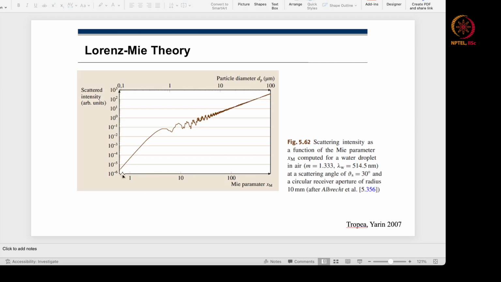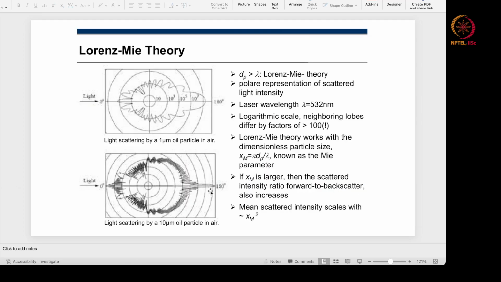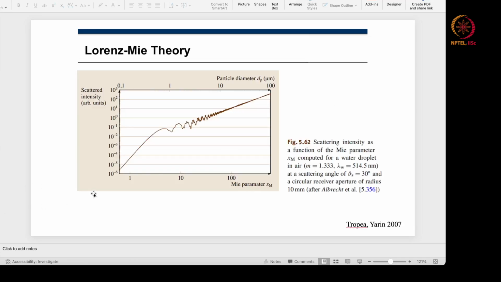In the Lorenz-Mie theory, this is the scattered intensity in arbitrary units, and this is the Mie parameter, which is xm, the one that we defined over here, nothing but the perimeter divided by the wavelength of the incoming laser. And this is the scattered intensity, and on the top you have the particle diameter.